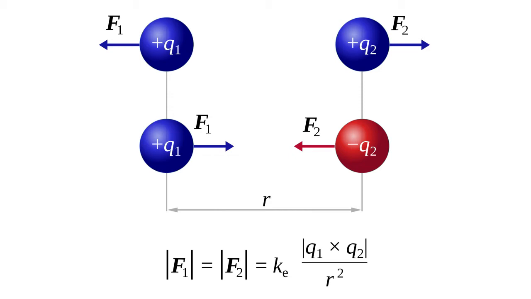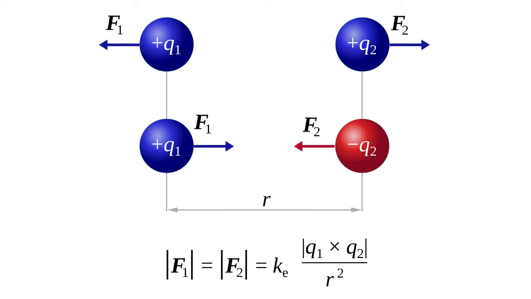According to Coulomb's law, F1 and F2 are equal, and the force is proportional to the multiplication of these two charges, and it is inversely proportional to the square of the distance between those charges. So that's what is stated in Coulomb's law.